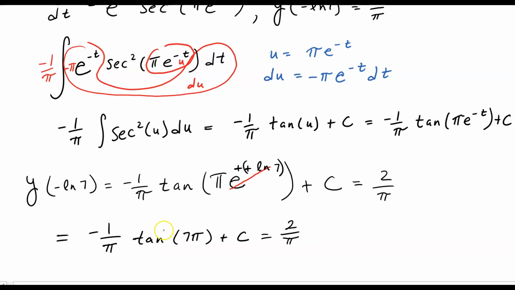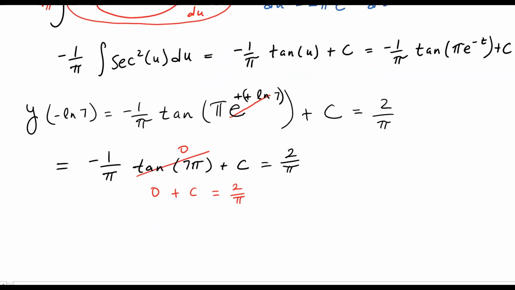So this whole thing is 0. Multiplied by this makes all of this 0. 0 plus c equals 2 over pi. That's what we've got there. So we found our c value. C is 2 over pi.